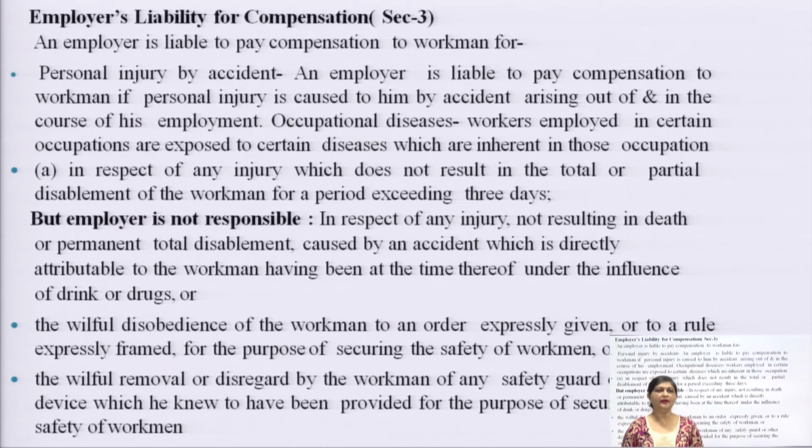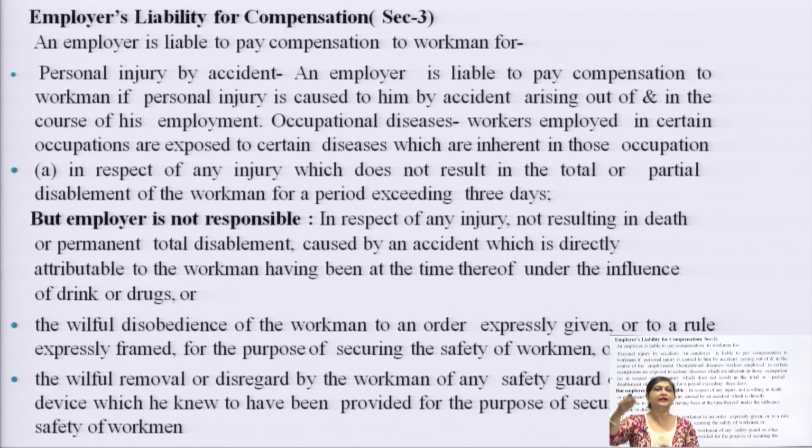Now, employer's liability for compensation. This is Section 3, which says an employer is liable to pay compensation to workmen for personal injury by accident. An employer is liable to pay compensation to a workman if personal injury is caused to him by accident arising out of and in the course of his employment.